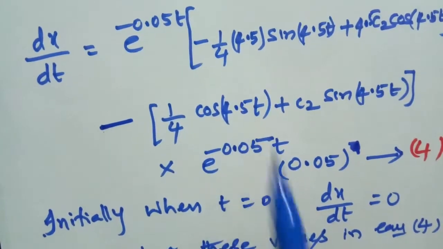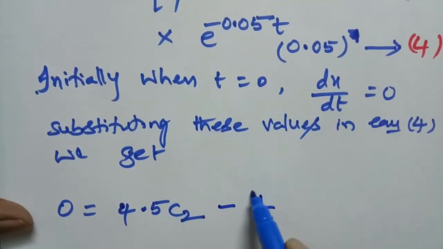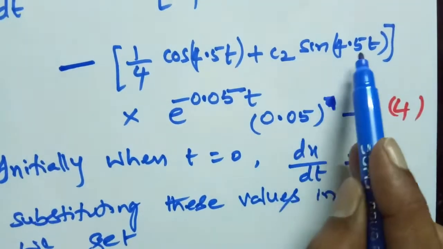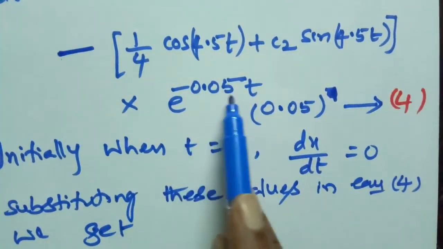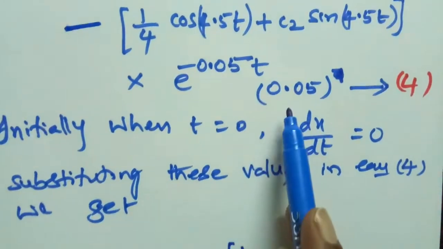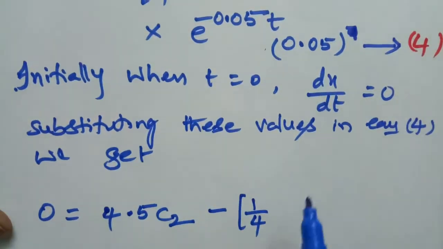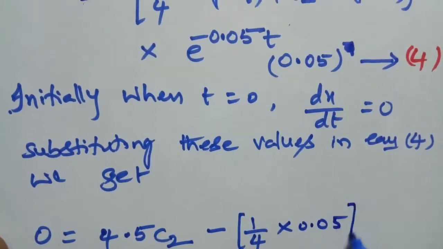Therefore, 1 by 4 minus 1 by 4 plus 0 sin 0, 0 into e to the power of 0, 1 into 0.05.